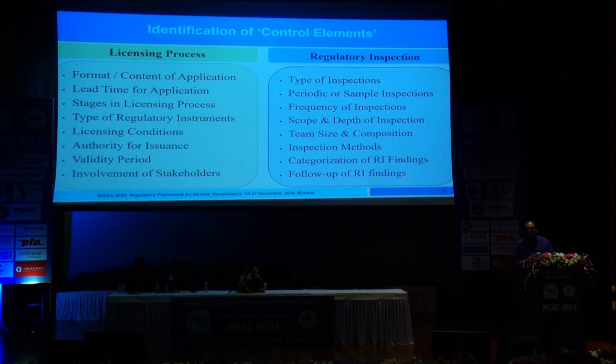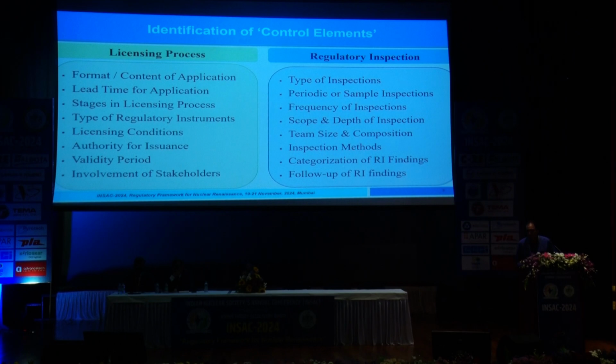Even for an NPP, we can club the stages for a repeat design. So that kind of flexibility needs to be instituted in the graded approach. Then the type of instrument, even what kind of tag or license we are going to give to the utility, those names also vary.